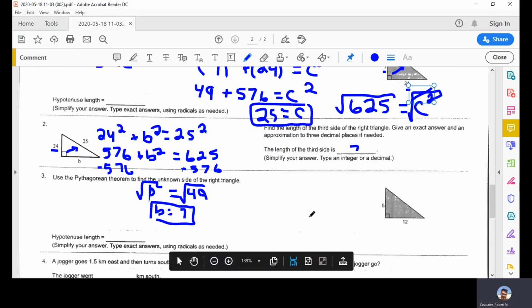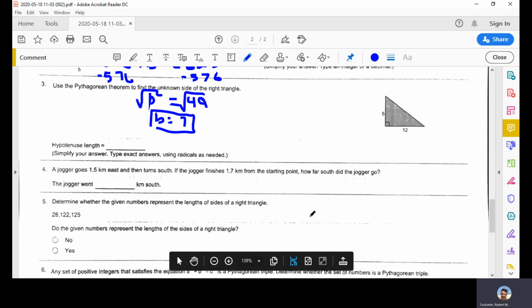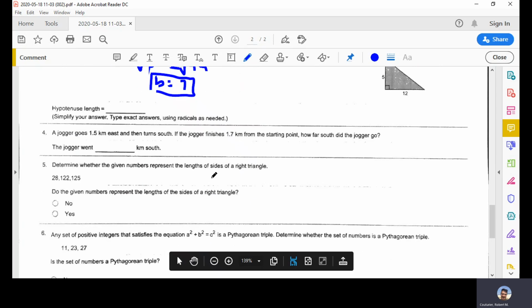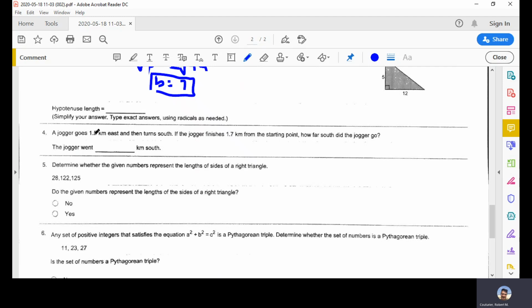The next one, number 3, is just like the first problem we did, so you guys can do that one. This one here, number 4, it says, a jogger. Sometimes you have to maybe draw a picture. Okay, it says a jogger is going east, so he's starting at one point.